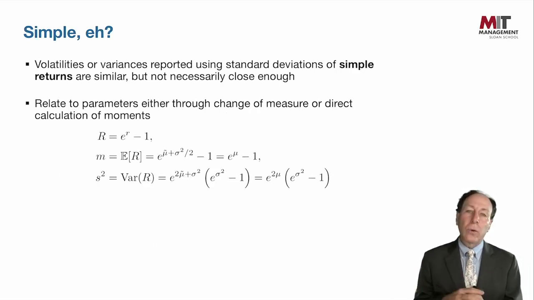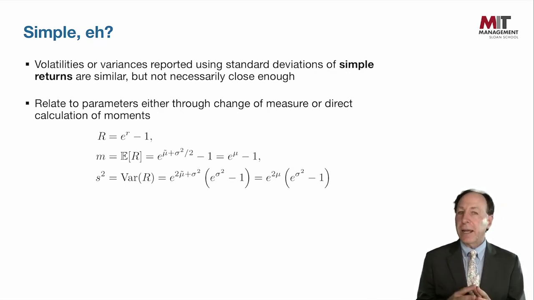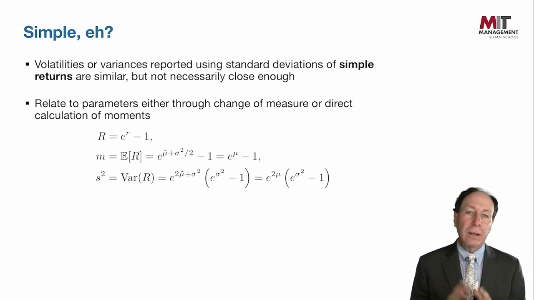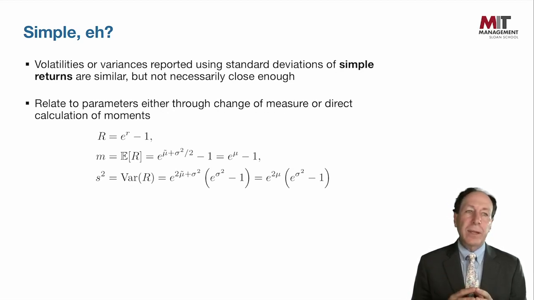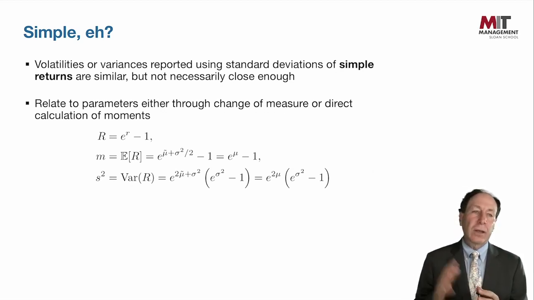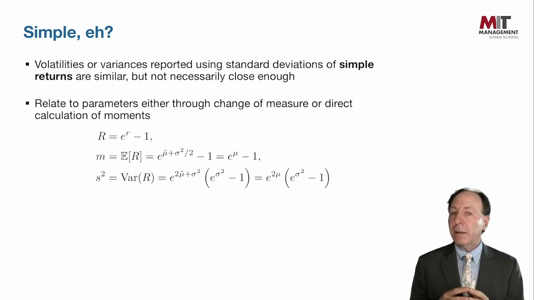Now, a quick aside on some things about doing financial returns in particular, because that's the dominant case where we're interested in finance, where we're looking at time series analysis. The usual things that we would see in investment reporting are going to involve simple returns, monthly returns, annual returns, and variances or volatilities may be computed using the simple returns.